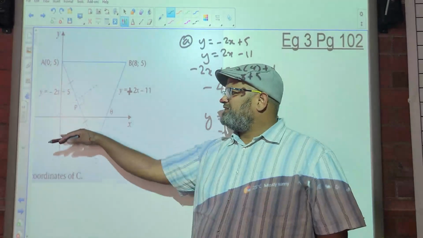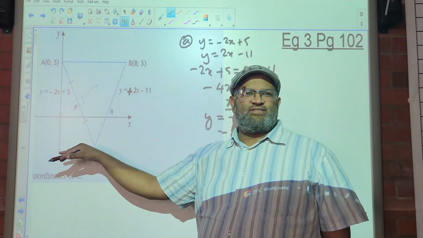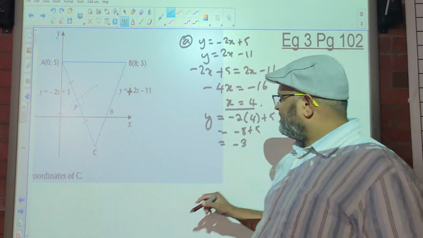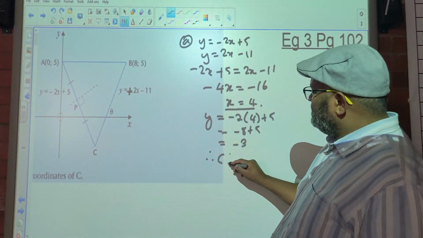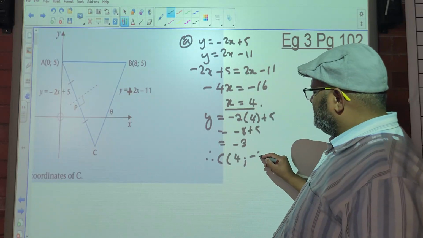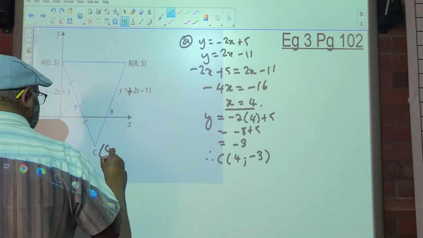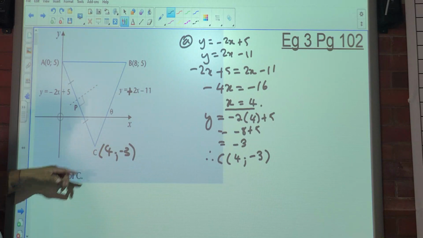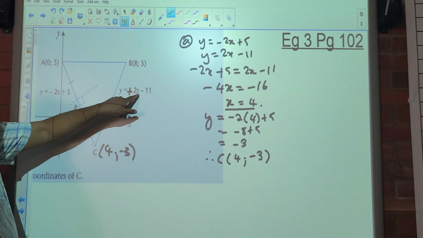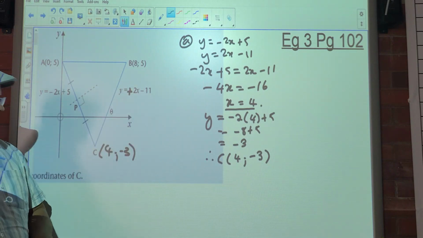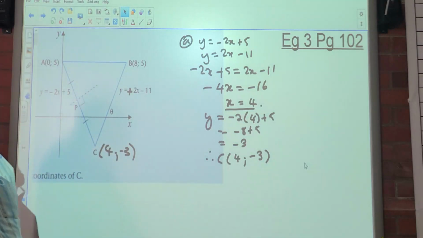Which also makes sense. It's on the negative part of your y-axis. You guys understand? So therefore, C would be 4 and negative 3. Or if I've gone with this one here, it's going to be 2 times 4, which is 8. And 8 minus 11 is also negative 3 anyway.